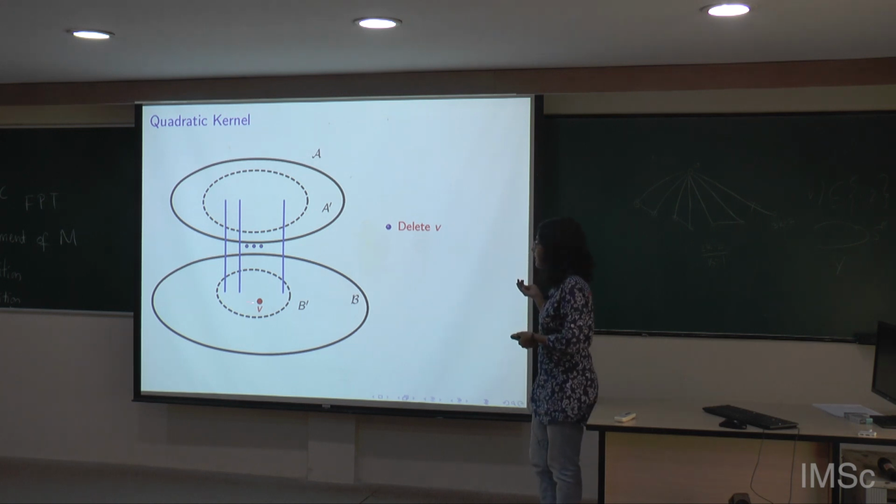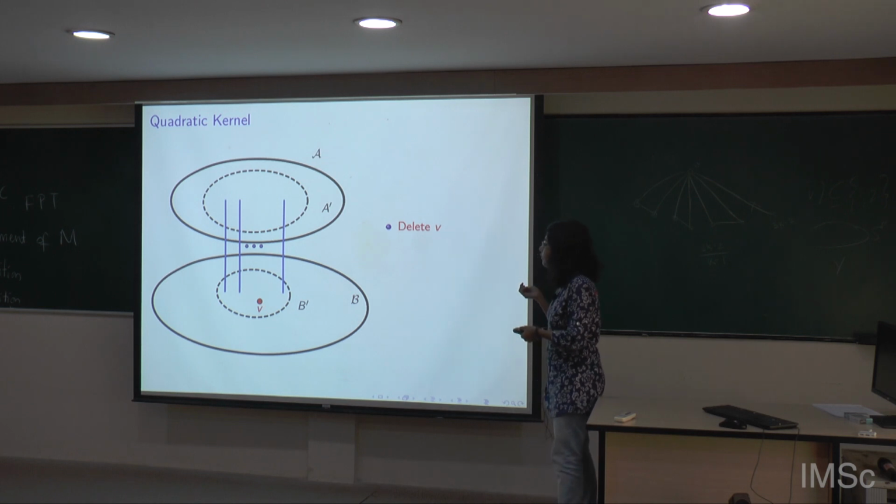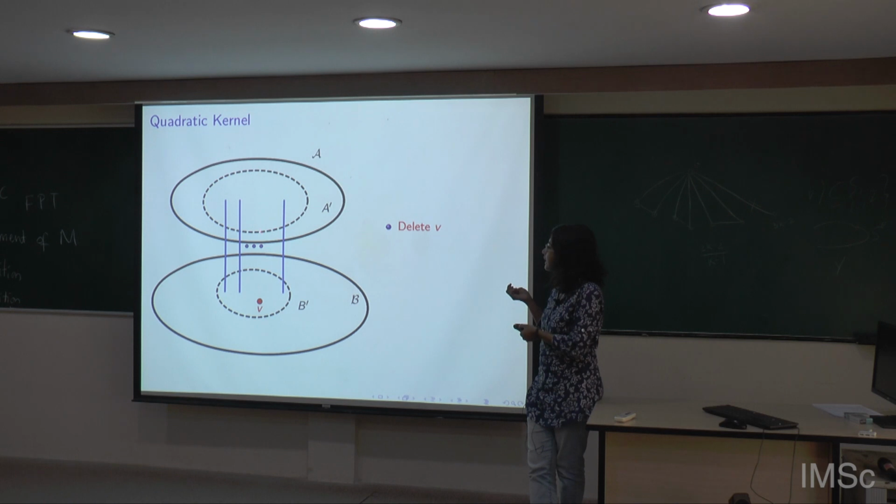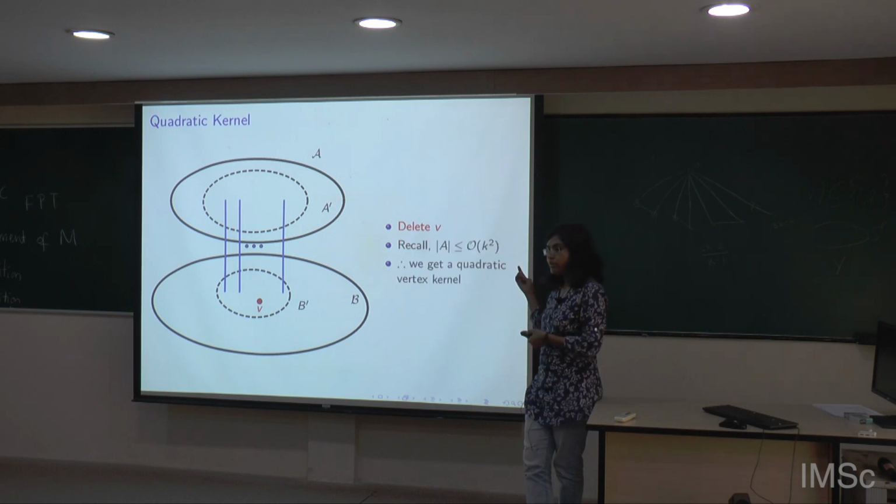If we keep applying this reduction rule as long as B is greater than A, I know from the expansion lemma that I will be able to find such sets A prime and B prime, and we will be deleting such vertices v. So finally the size of B will be bounded by the cardinality of A, and since the cardinality of A is bounded by k squared, this finally gives us a k squared vertex kernel, right?